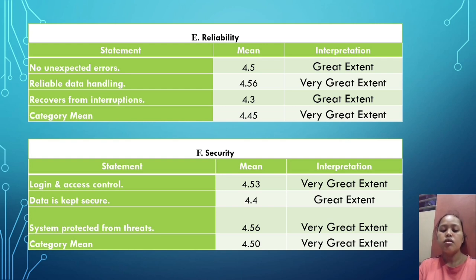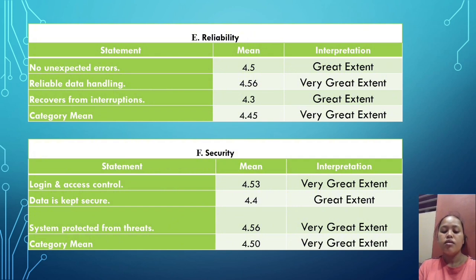And next is security. Category mean is 4.50, very great extent. Strong authentication and data protection mechanisms are in place, with the system well shielded from common threats. This instills user confidence, especially for sensitive data management.